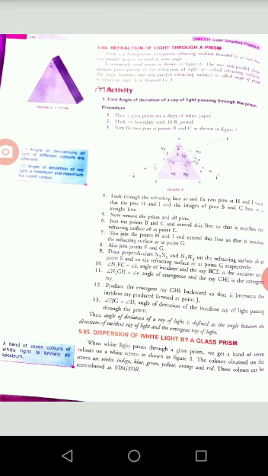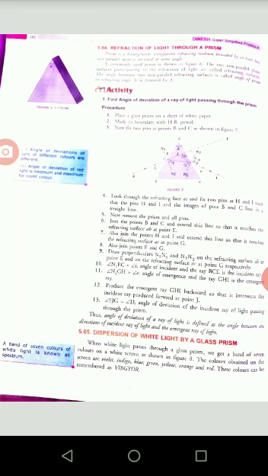Then the second definition, angle of deviation. The angle of deviation of a ray of light is defined as the angle between the direction of the incident ray of light and the emergent ray of light.